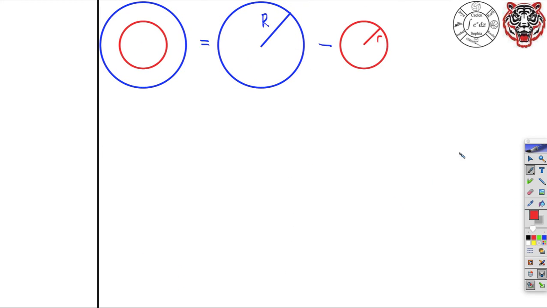And let's do our calculation. So our equation is going to look like this. So this area here is going to be equal to, well, what's the area of a circle again? Formula, girls? So it's going to be pi capital R squared minus pi lowercase r squared.